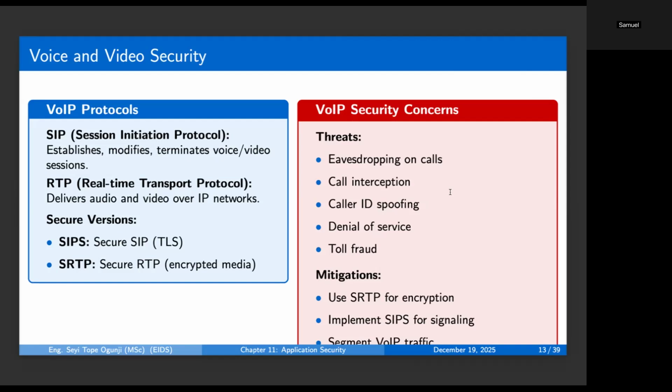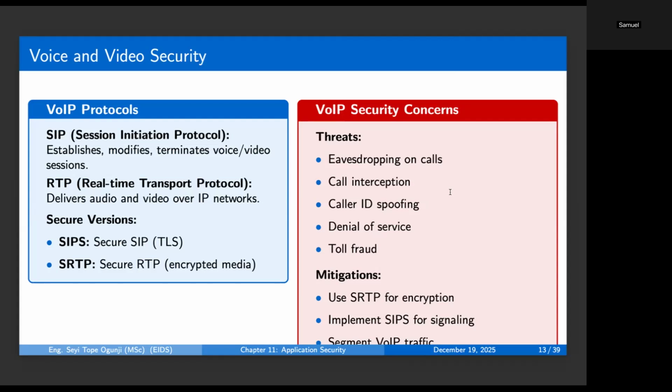Then the other one is caller ID spoofing. In this one, you pretend to be someone else, so the other guy is tricked. He will think he's communicating with the bona fide recipient of that message, not knowing that someone has spoofed him or her.